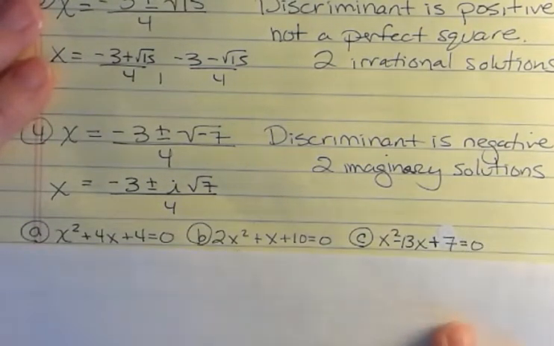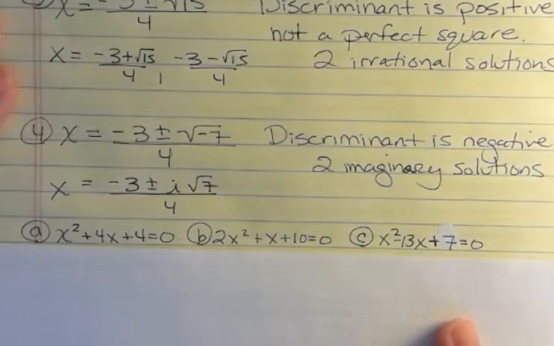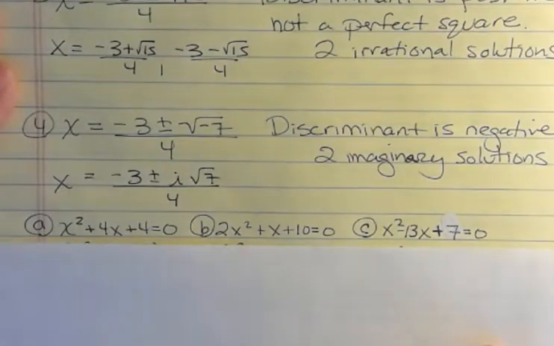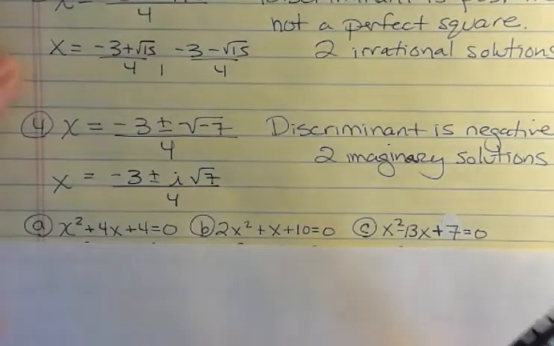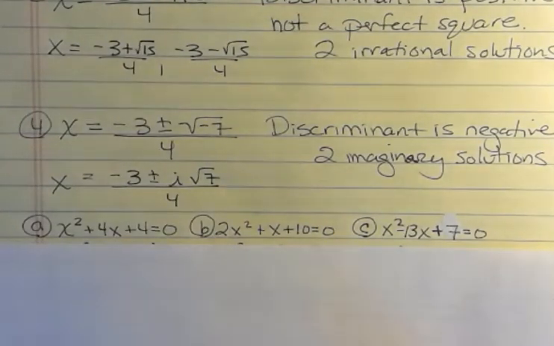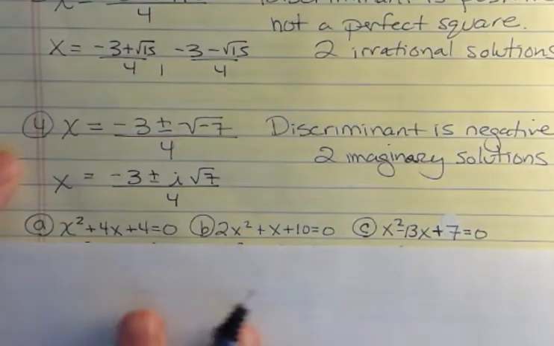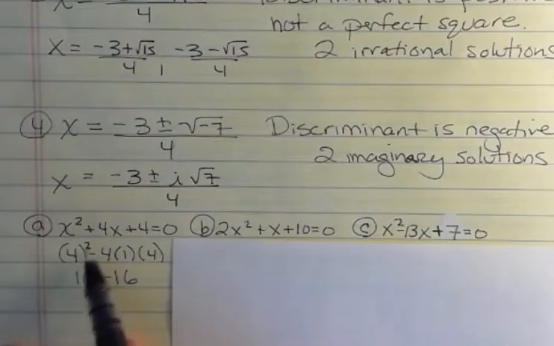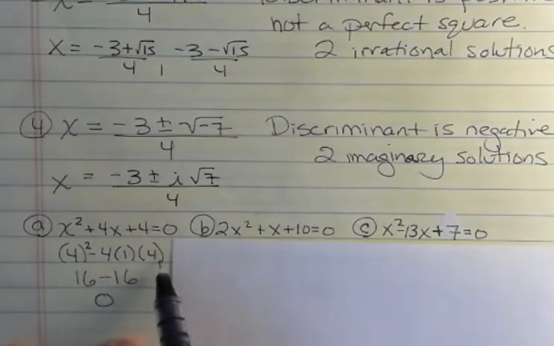Looking at three different equations here, I could find the discriminant of each of these. I wouldn't solve it, but by just using the discriminant, I could tell you whether it's going to have one or two rational, irrational, or imaginary solutions. Looking at the first one, b is 4, so 4 squared minus 4 times a, which is 1, times c, which is 1.